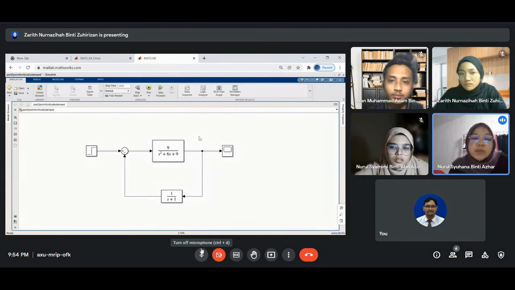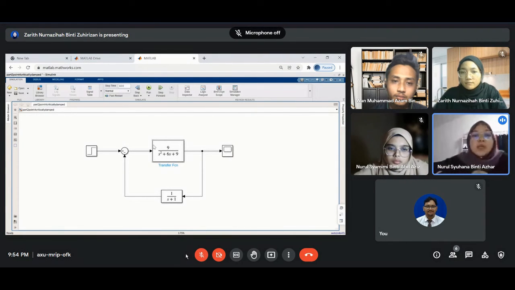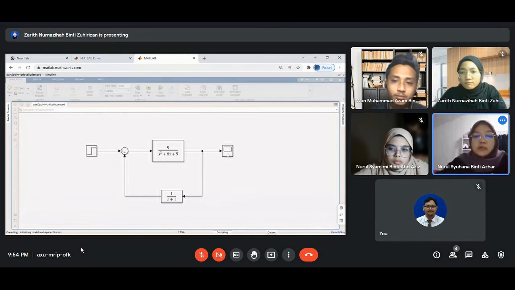So the equation used here is 9 over s squared plus cs plus 9, which is the same as the previous equation in Part 1. So now we run the block diagram and double click at the scope to see the result.